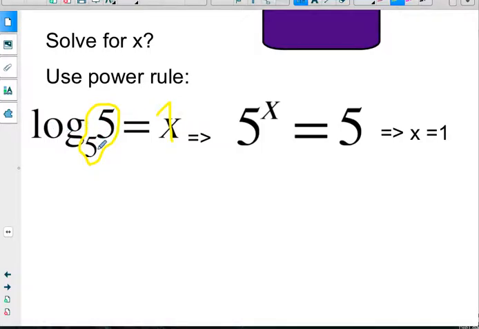Log base 1000 of 1000, of course, is 1. So this is one more time we prove it: if the base and the argument are the same thing, the answer of the log is 1.